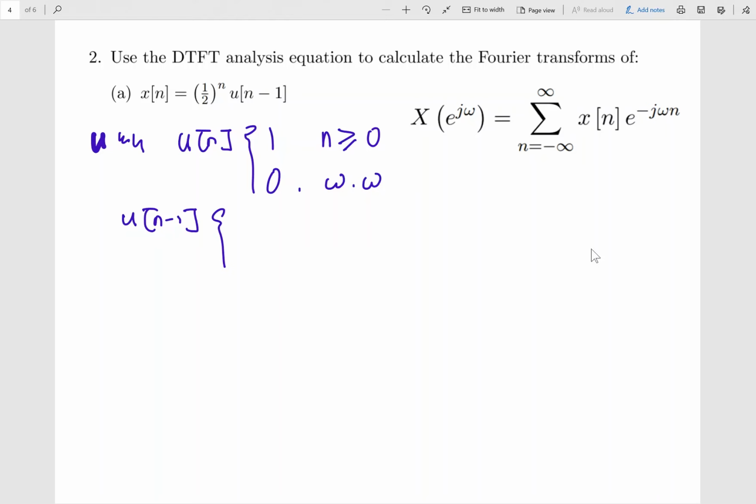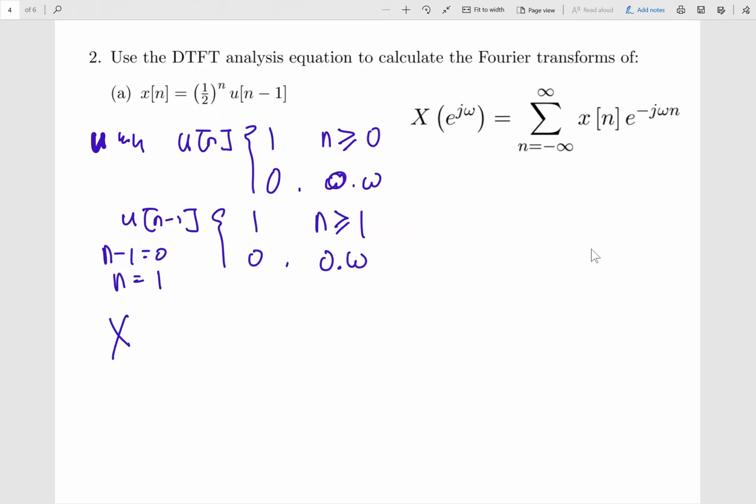Here we want to know when n minus 1 is 0. That gives n equal to 1. So the non-zero area is n larger or equal to 1 and 0 otherwise. That means we only have non-zero values of the signal x when n is larger or equal to 1.